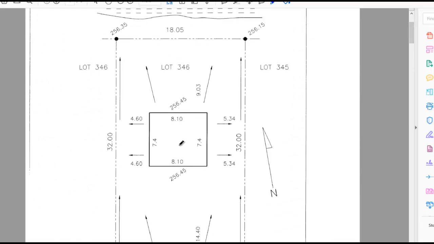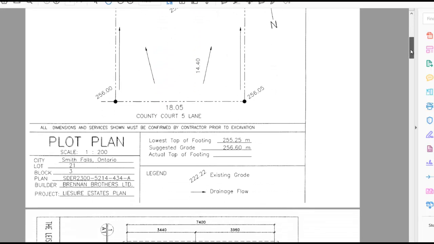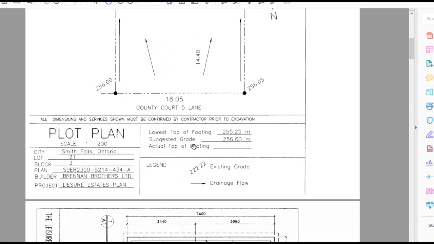This is the top level, 256.45, and it also says here the suggested grade is 256, and then the lowest top of footing is 255.25. So that's the top of the footing. This is the footing, and this is what they mean by the top of footing. Okay, so it is straightforward here.